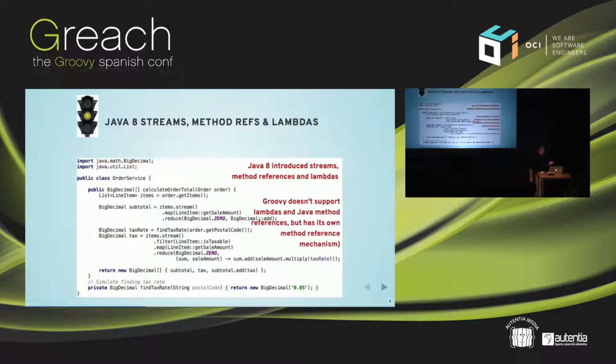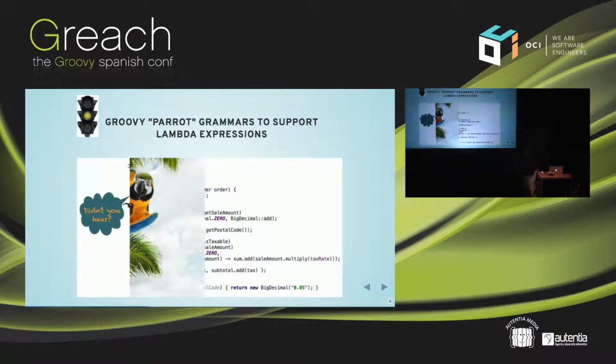Unfortunately, Groovy doesn't support lambdas and Java method references, but we do have our own method reference mechanism, which we'll see in a little bit. Now, the nice thing is the parrot grammars are going to support lambda expressions. So when Groovy 3 comes out, or maybe with some options in 2.5, we'll be able to write Java lambda expressions directly in our Groovy code.